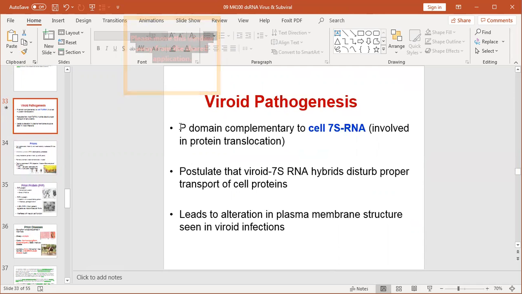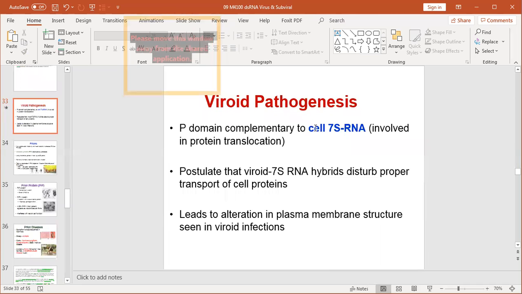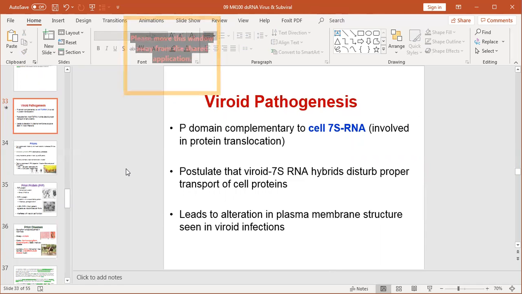The P domain or pathogenicity domain of viroid is complementary to host cell 7S RNA. This 7S RNA of the host cell is involved in protein translocation. So it's being postulated that this viroid hybridizes or associates with 7S RNA because they're complementary to each other, and this will disturb proper transport of host cell proteins.